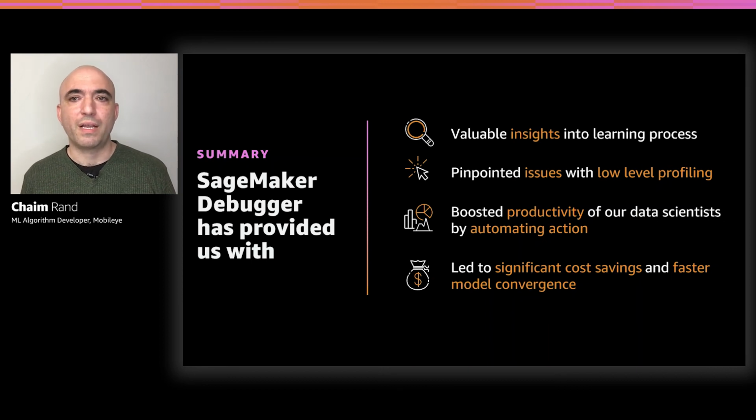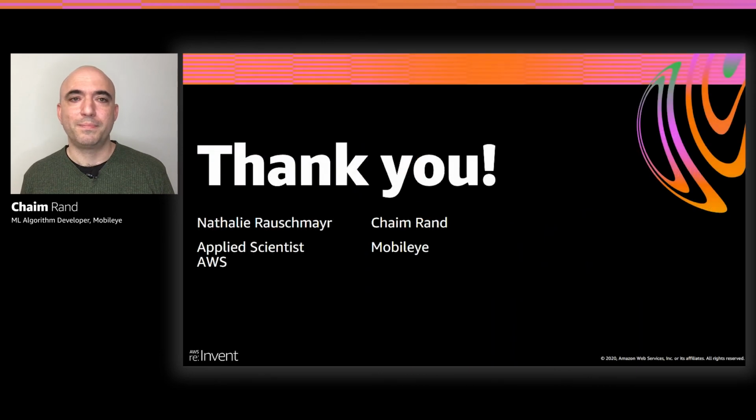The profiler takes performance analysis out of the domain of a few specialized experts, simplifies the discovery of bottlenecks, and helps us maximize resource utilization. And the automation enabled by the debugger rules increases our efficiency. All of which ultimately lead to cost savings and faster model convergence.